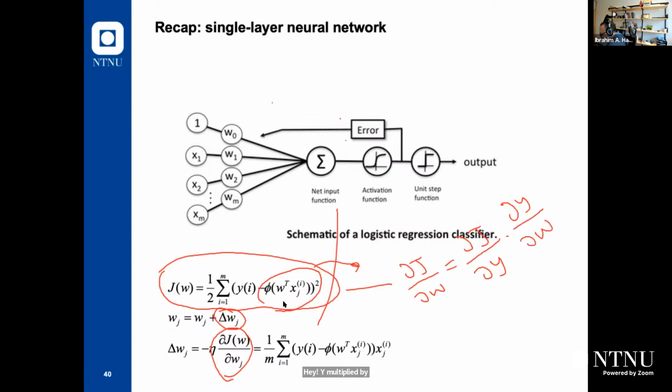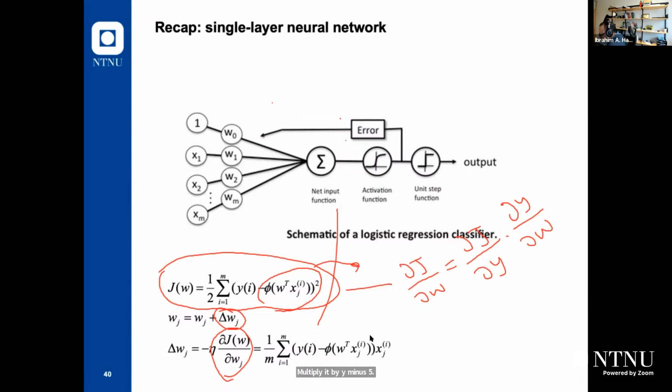So partial j by partial y, this one will be constant. So it will be 2 times this one. Partial j by partial y will be 2 times this one, multiplied by y minus phi, correct?